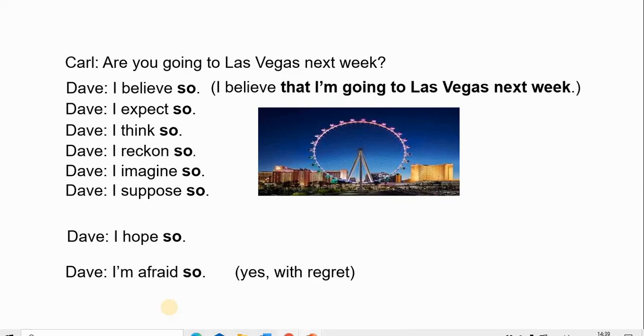It means yes. Unfortunately, I'm going to Las Vegas next week. So when someone says, I'm afraid so, they're not motivated. They don't want to go or don't want to do the activity. It's to say yes with regret.